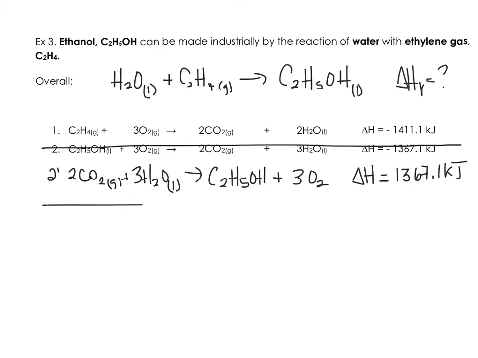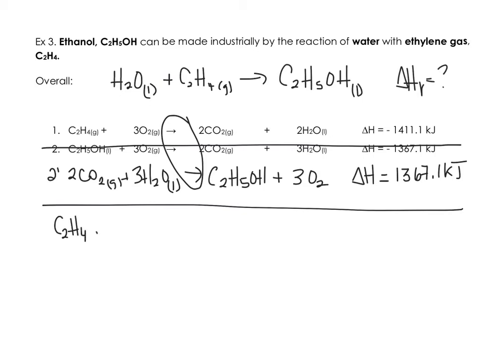Okay. So let's take a look at this. Here's our arrow. On the left side, C2H4. It's only in one place. I've got 3 oxygens, and I have 3 oxygens, so they cancel. Then I've got 2 CO2s, they cancel.